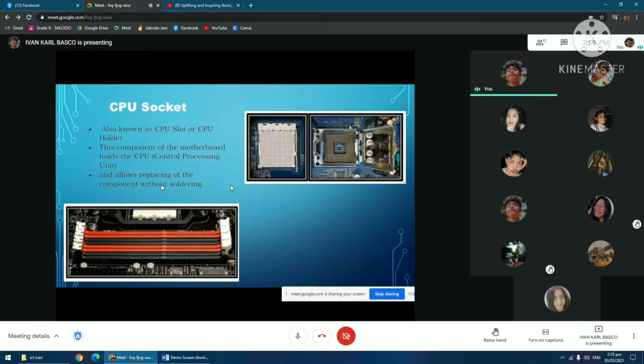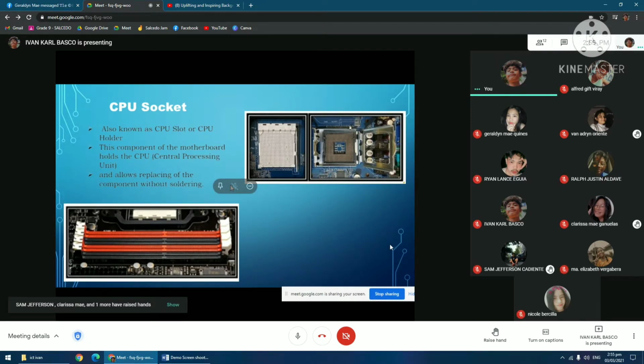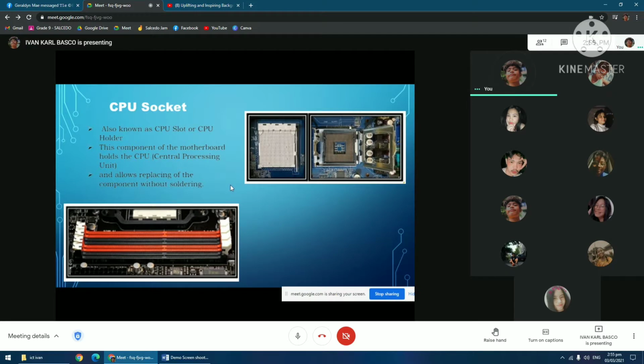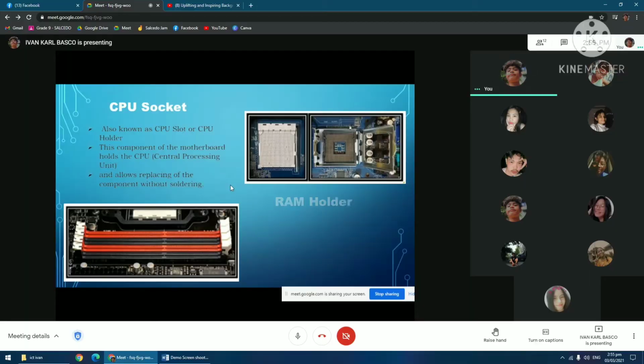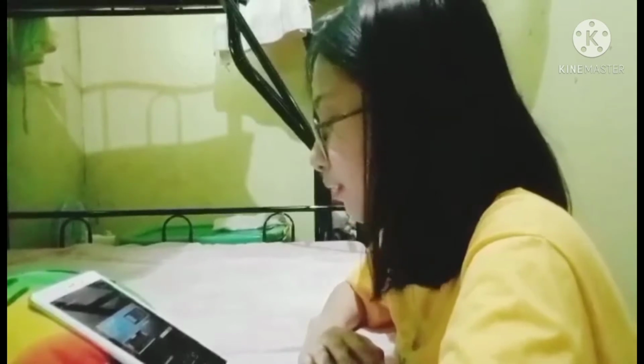Next picture. Who wants to answer the next picture? Clarissa, go ahead. Sir, the picture is the RAM holder. Okay, RAM holder, correct. What is the function? RAM holder is also known as module holder or memory slot.